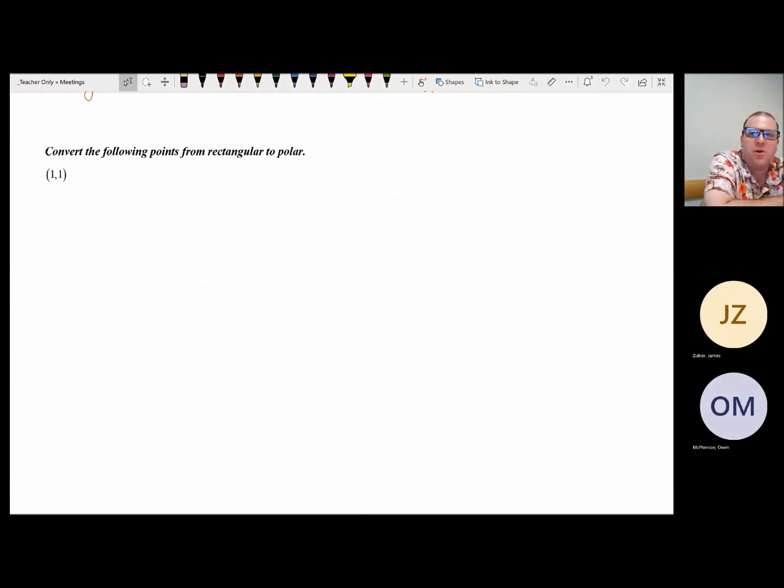Convert (1, 1) from rectangular to polar. Right, r squared is 1 squared plus 1 squared. That makes r the square root of 2. Tangent of theta is 1 over 1. Where are we located?